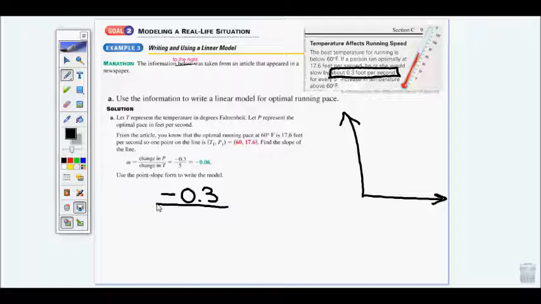All right, now we want to do our change in temperature, okay? And the change in temperature that they gave us was 5 degrees increase. So that's our slope, that's our rate.